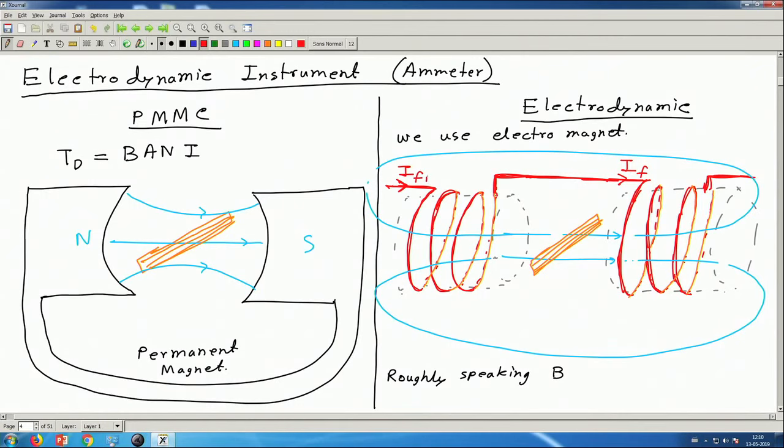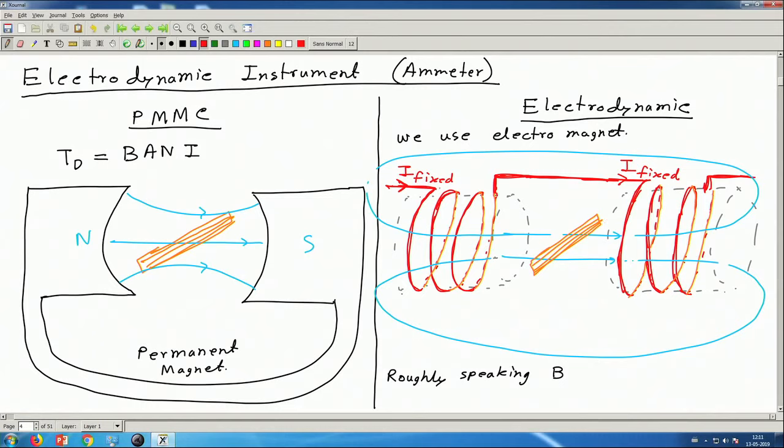or you can call it I fixed, because these two coils are fixed coils, they do not move, they do not turn, they are stationary, but this central coil moves. Like here, this permanent magnet does not move, but this central coil moves. Similarly, here these two electromagnets do not move, but this central coil moves. Okay.